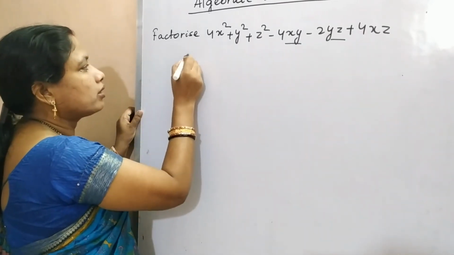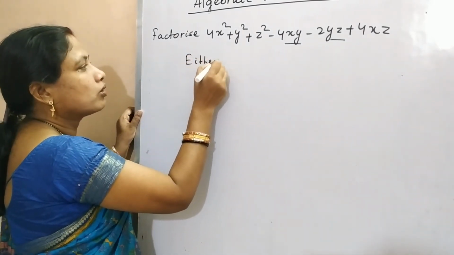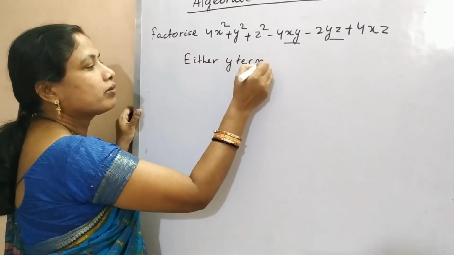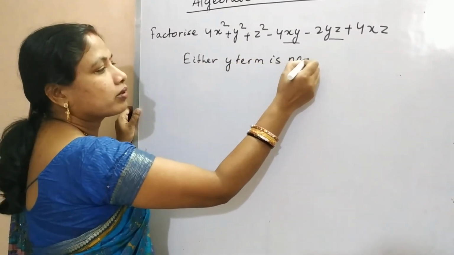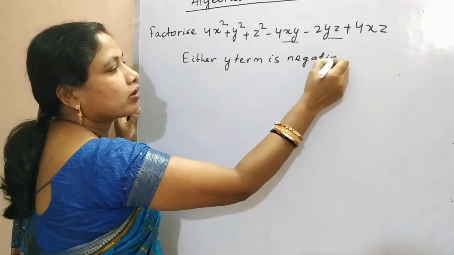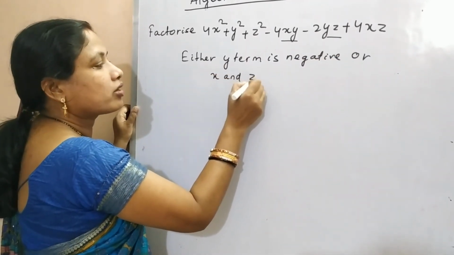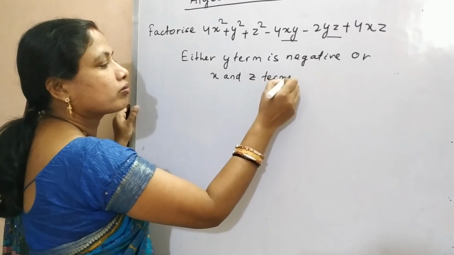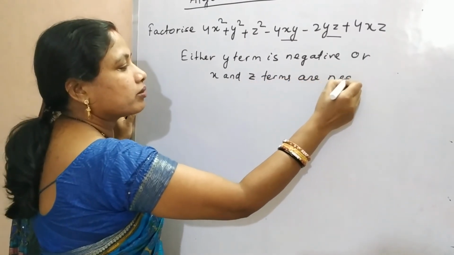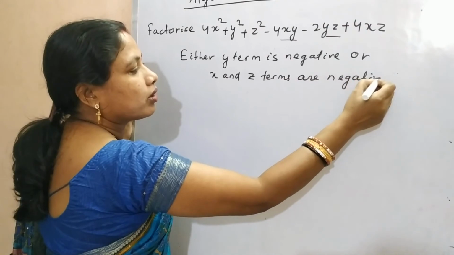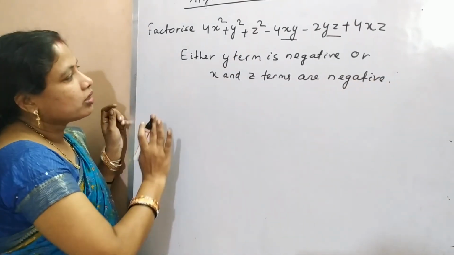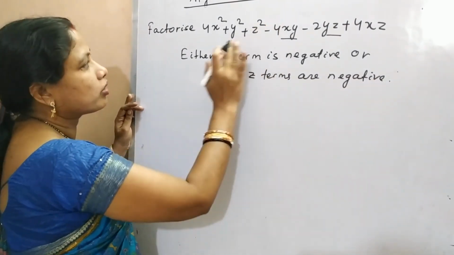So either the y term is negative or the x and z terms are negative. Whatever you may take, so first let the y term be negative.